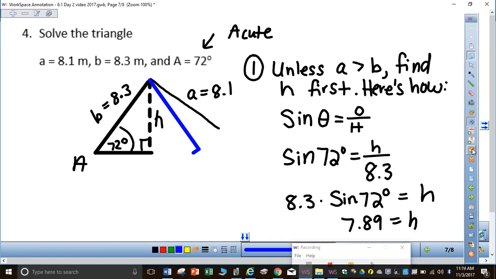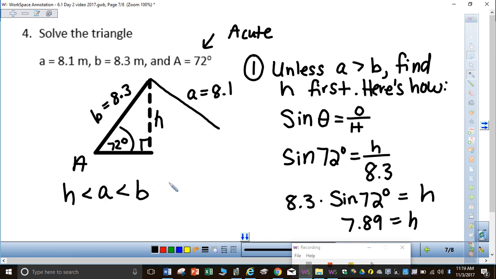The second triangle is going to be this one that looks like that. So it's still less than side B. So we could say here that because side A is greater than the height, but less than side B, we're going to end up with two triangles.